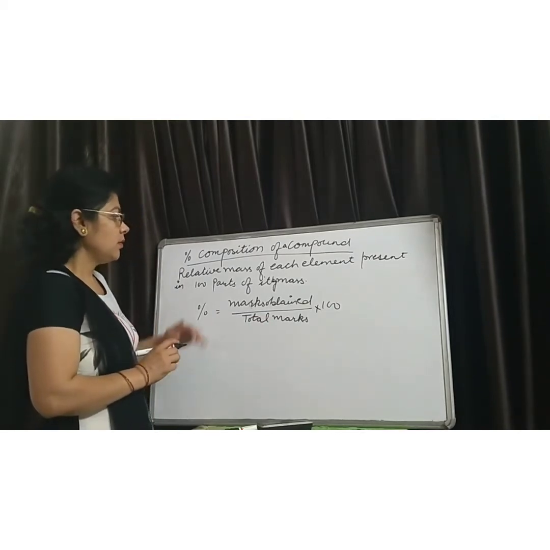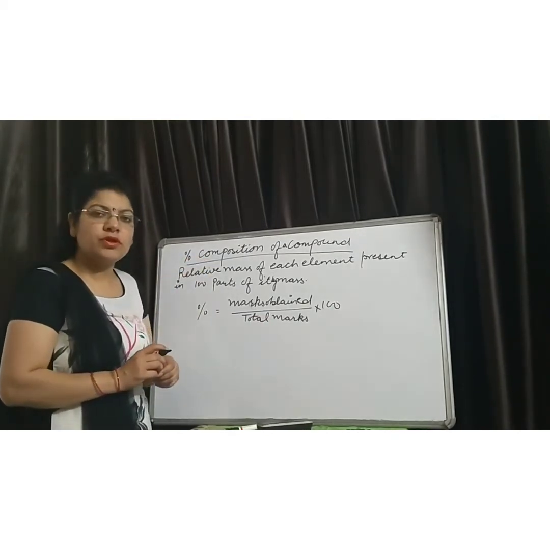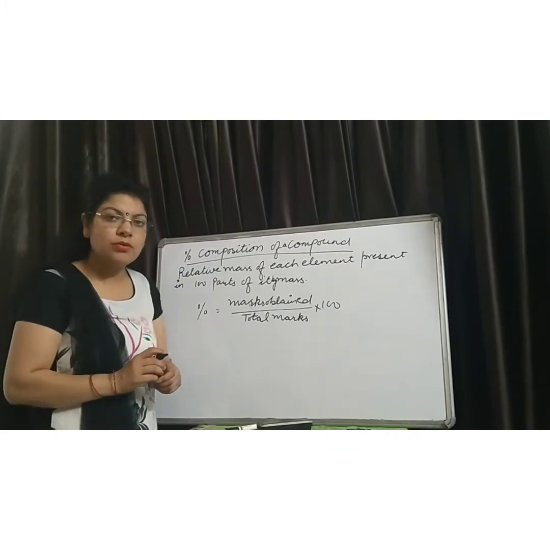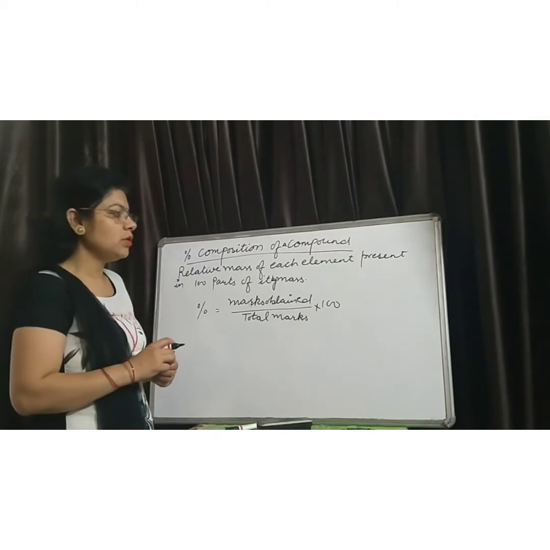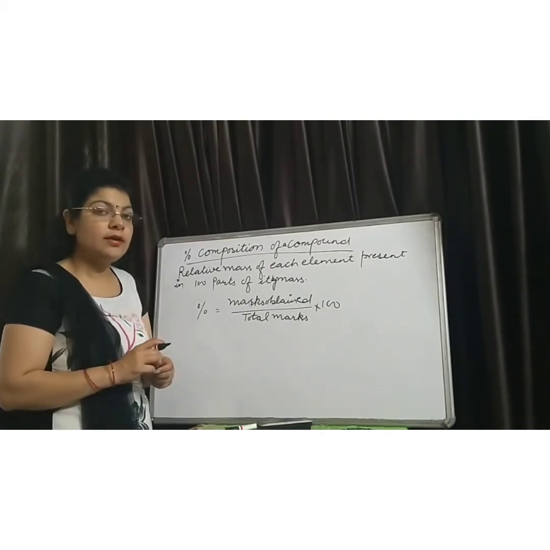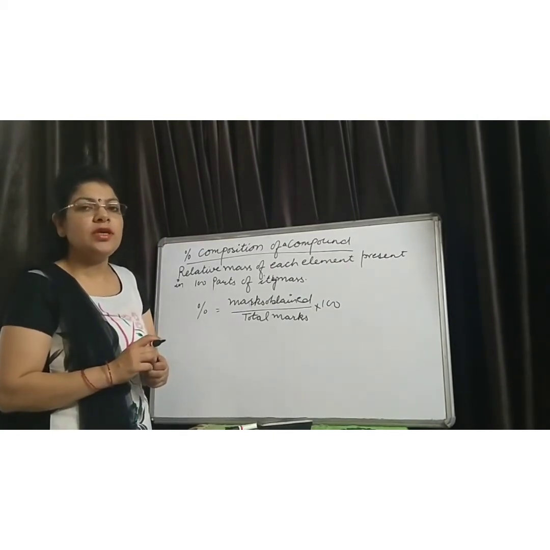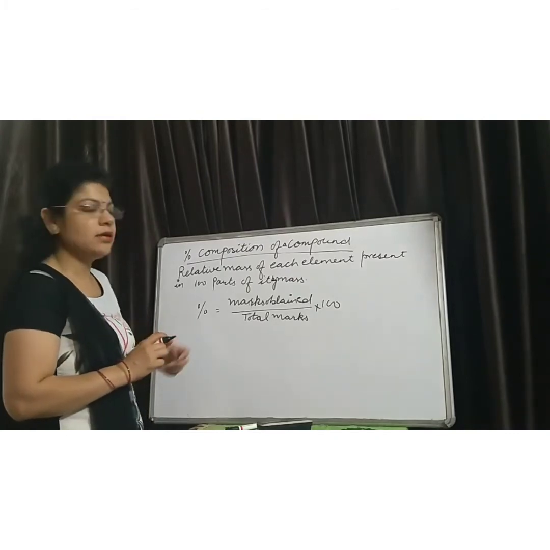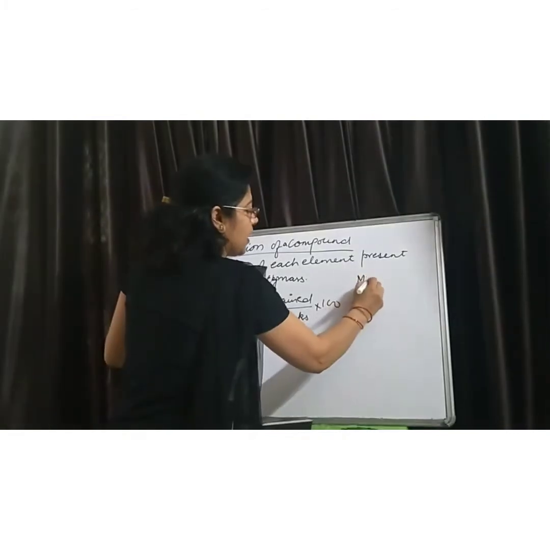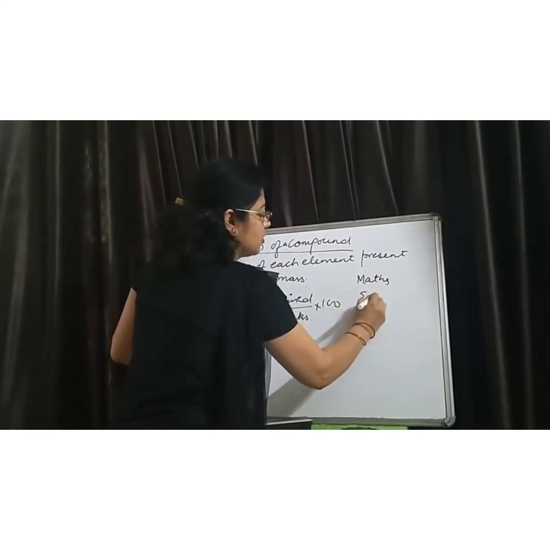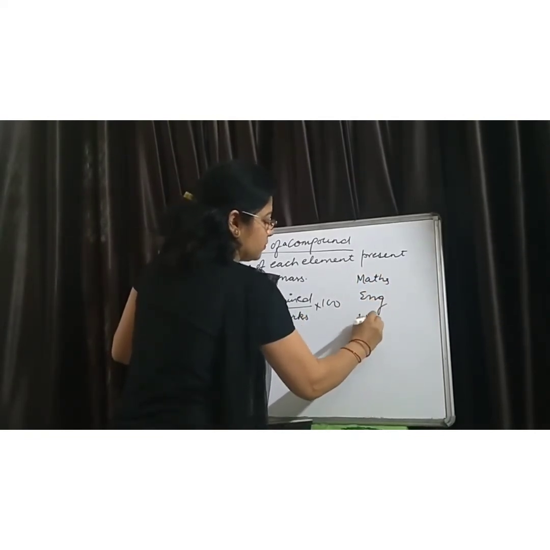Similarly, in percentage composition of the compound, as different elements are present in a single compound, we have to calculate the percentage of each element. Just like in your class you have different subjects, maths, English, Hindi and so on.